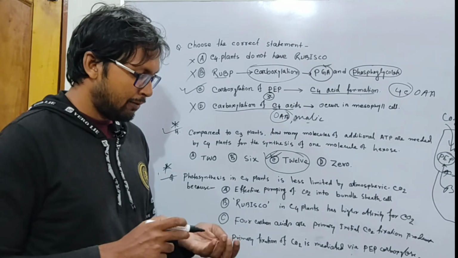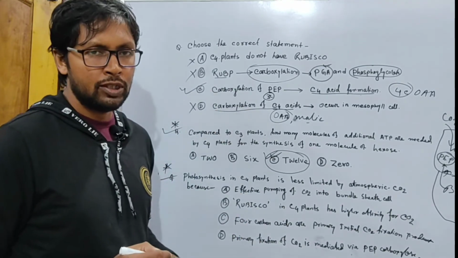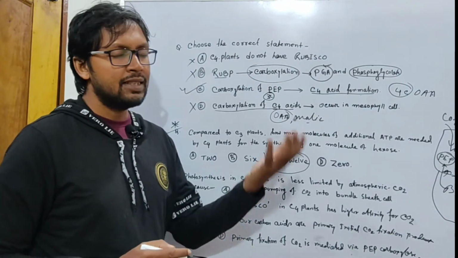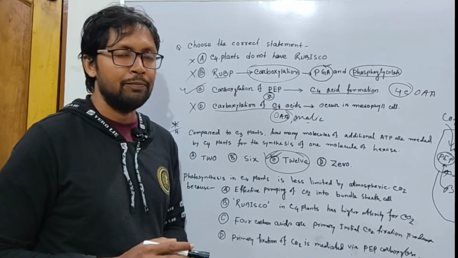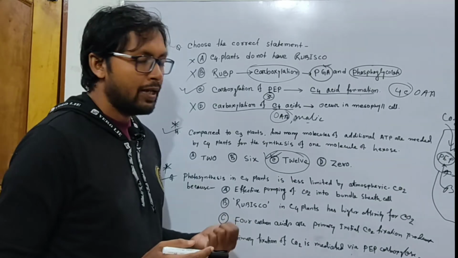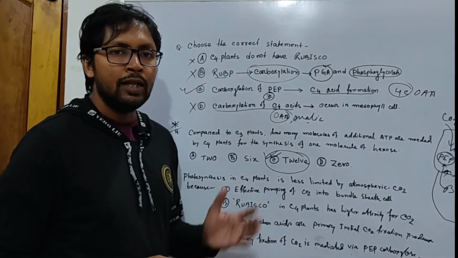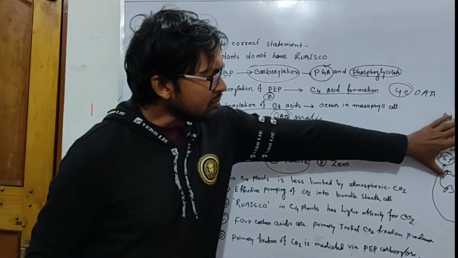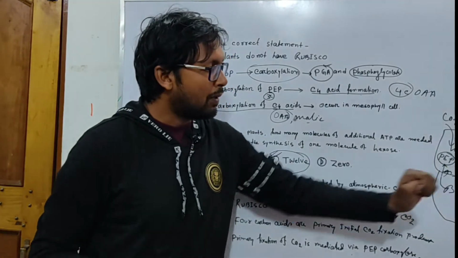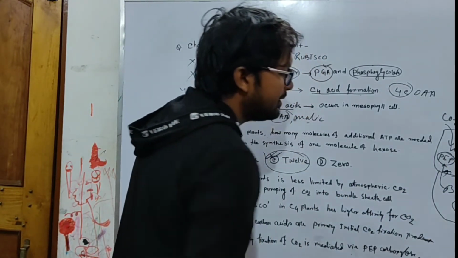We know that if fluctuations occur in the concentration of carbon dioxide, C4 plants will not be affected. When the concentration is very high, it does not create any effect, and when it is very low, it also does not, because they are protected by the mesophyll cell. PEP carboxylase absorbs the carbon dioxide and pumps it to the C3 cycle, that is, the Calvin cycle.